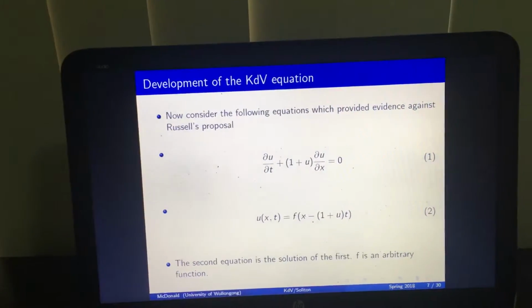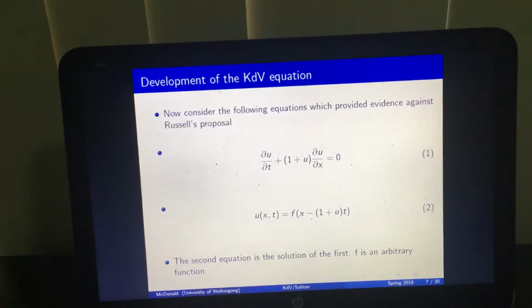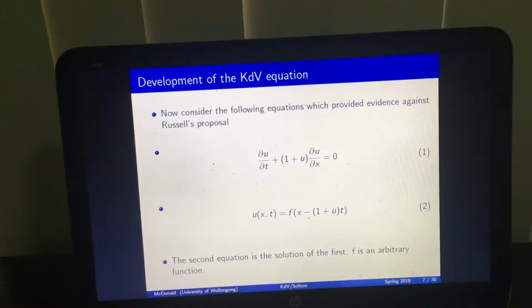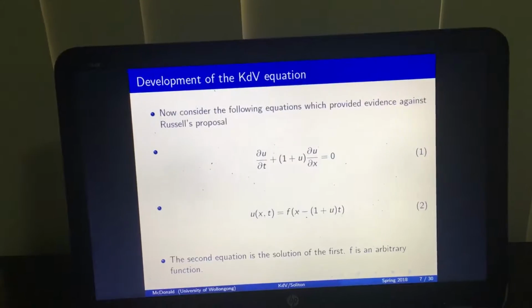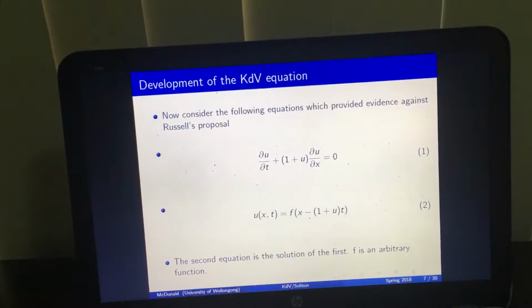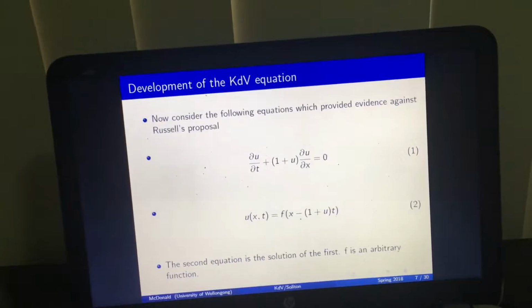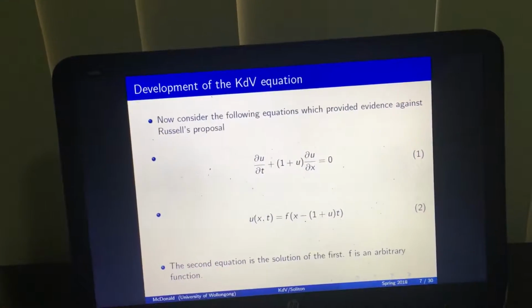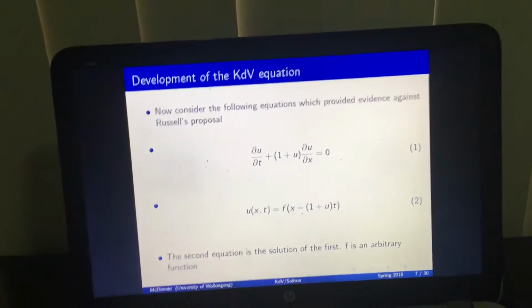Now, these following equations provided evidence against his view. So equation 2 here is just the solution of the first, where f is an arbitrary function. And this equation illustrates that a wavefront would become successively steeper until it broke down.